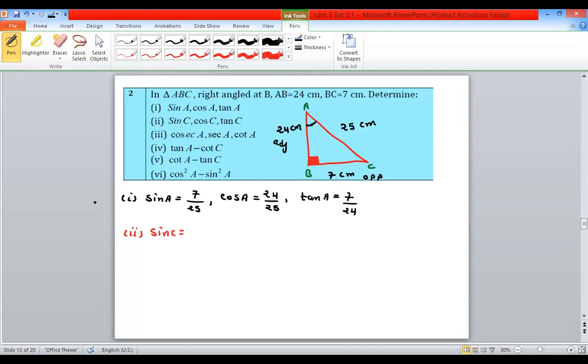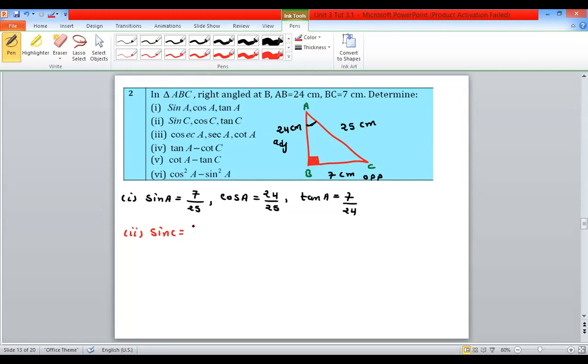Okay, no problem, no problem. But in the example, you don't make a mistake again. Okay, you give me the answer of the C angle, not the A angle.